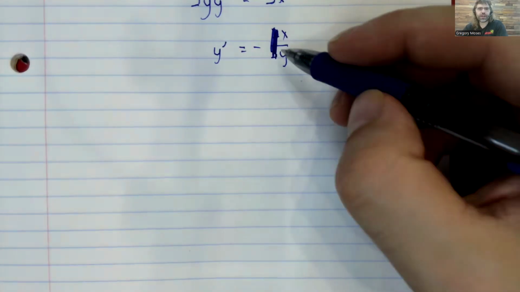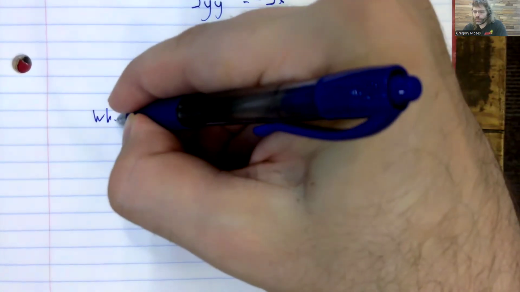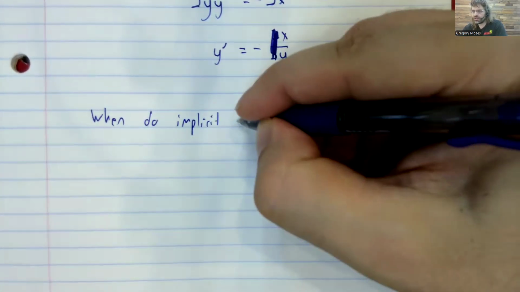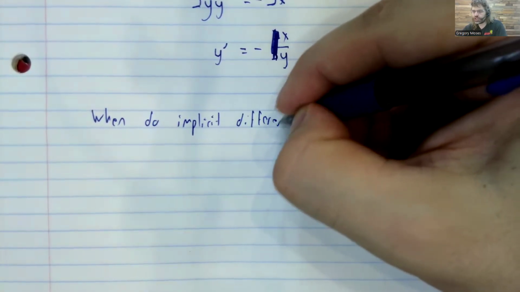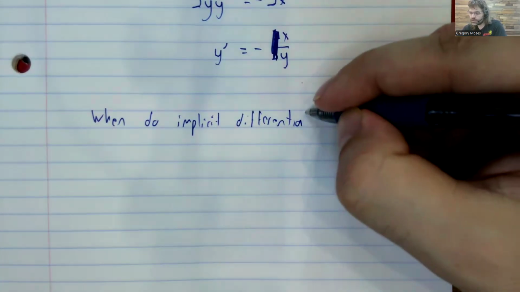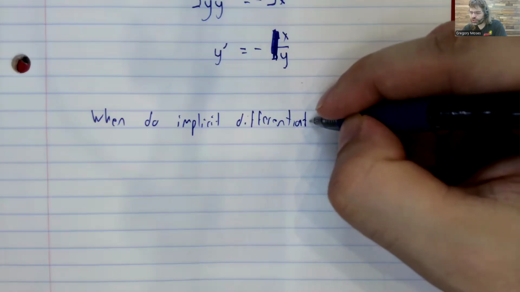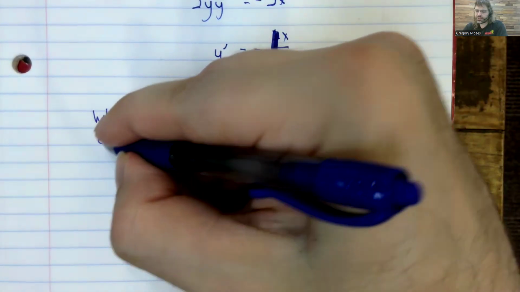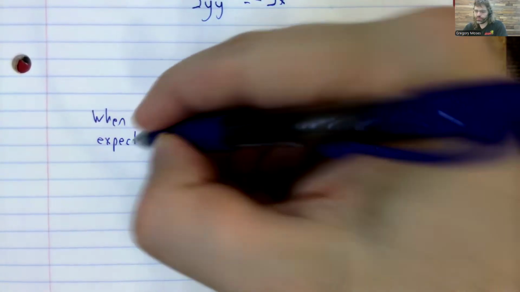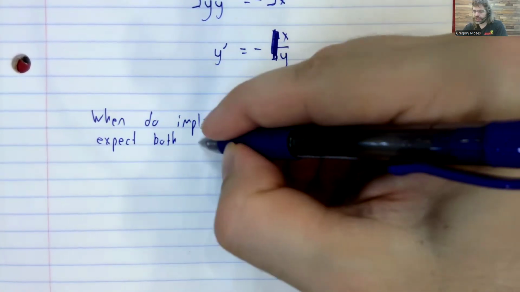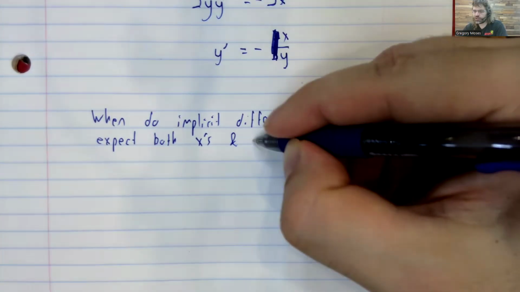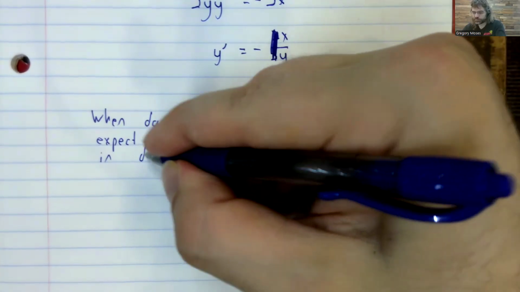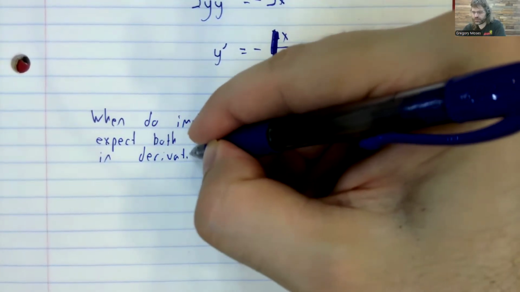And this is very common. When you do implicit differentiation, we expect both x's and y's in the derivative.